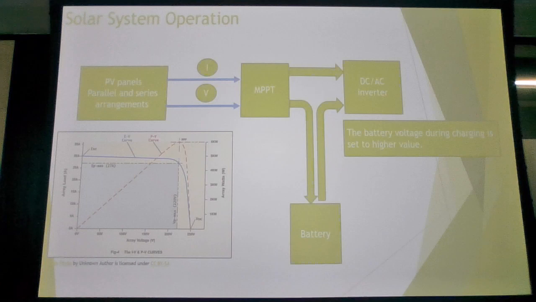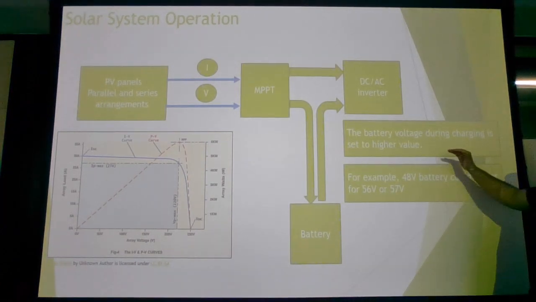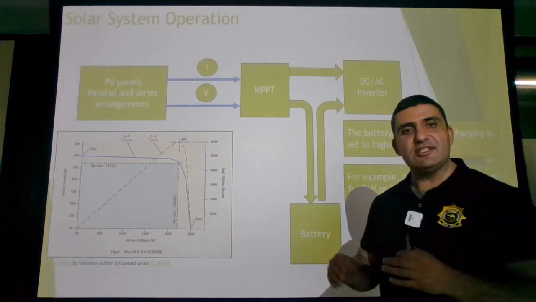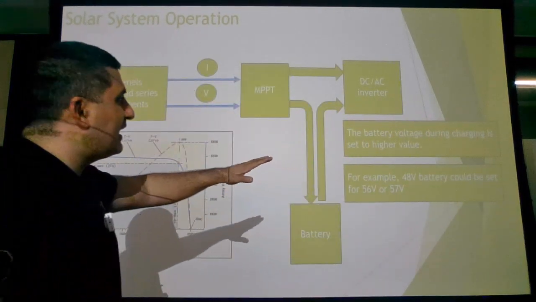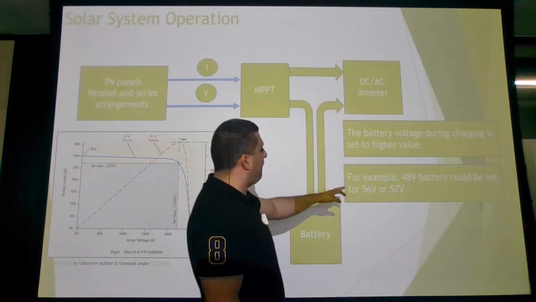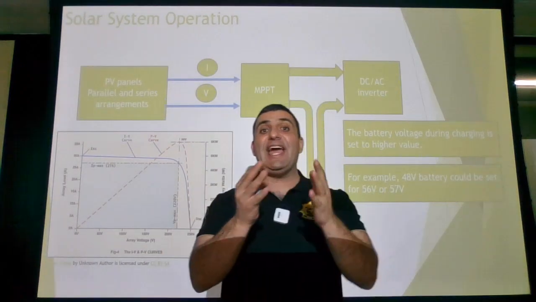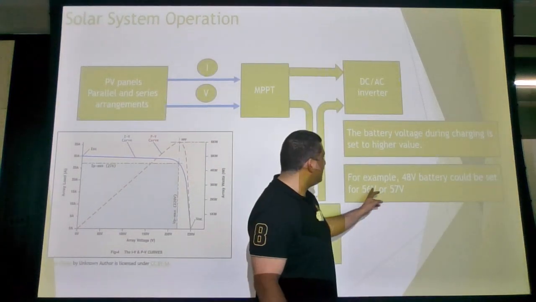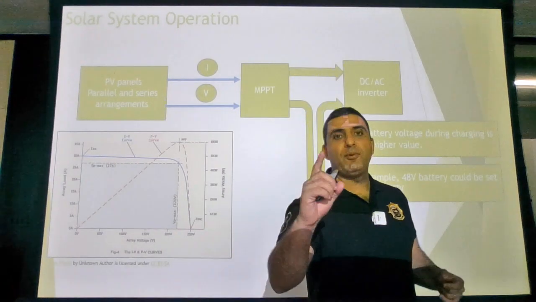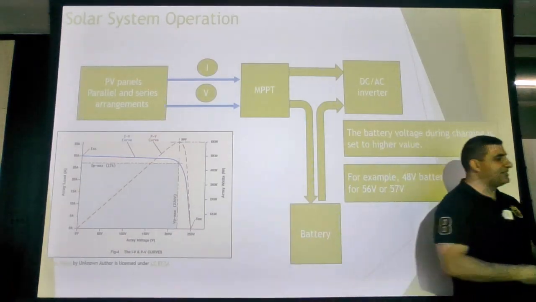For the battery voltage during charging, I want you to pay attention to the following items. During the charge stage, a 48 volt battery is not at 48; it's set at 56, 57 volt. For a lithium ion, you could set it to 58 volt. This 56 and 57 volt plays an important role when it comes to your wind system, you will see.